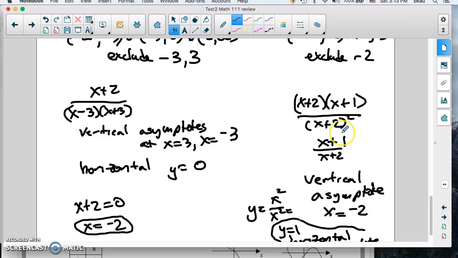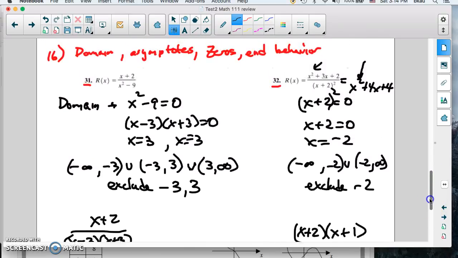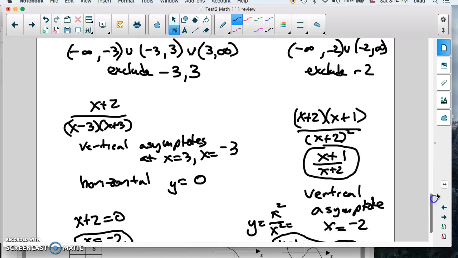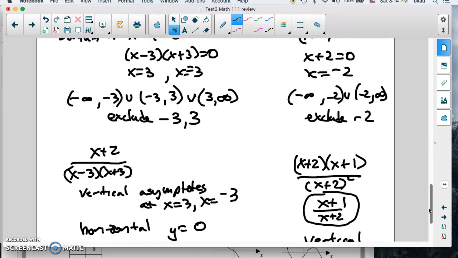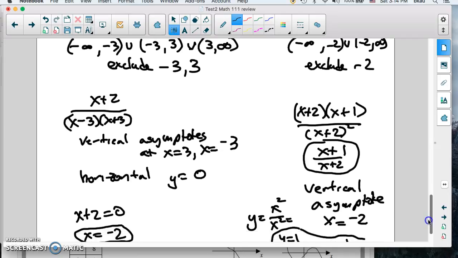On this one, we look at the factored form here, which is right here on the other problem, problem number 32. So 32 has x plus 1 over x plus 2 as its reduced form. That means it has a 0 at x equals negative 1.